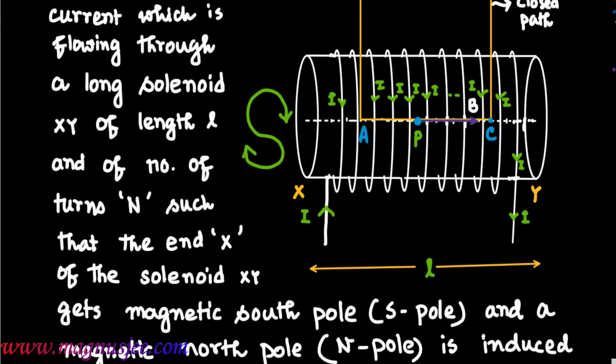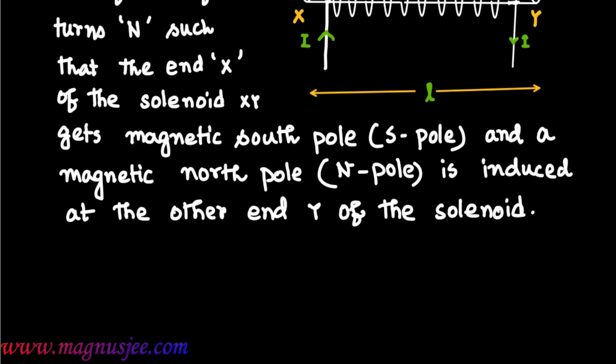Magnetic south pole is induced at the end X, and magnetic north pole will be induced at the other end Y of the solenoid.